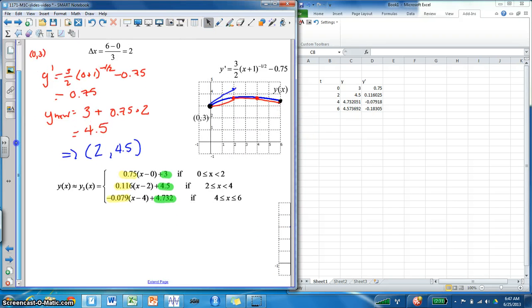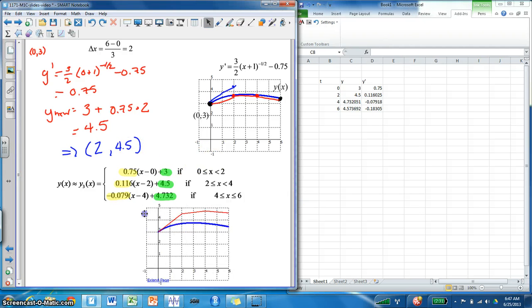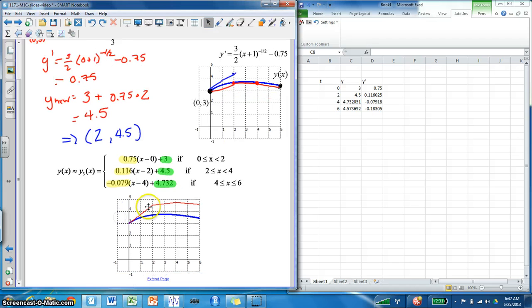Alright, and then lastly, so that's the end of the problem. But if I just wanted to graph this and show you, remember the blue function is what we started out with. That was our exact function that is being graphed. And then if you graph these lines, the piecewise linear function for 3 segments, again, we're using a subscript of 3 to denote how many pieces we have, or how many steps we did.